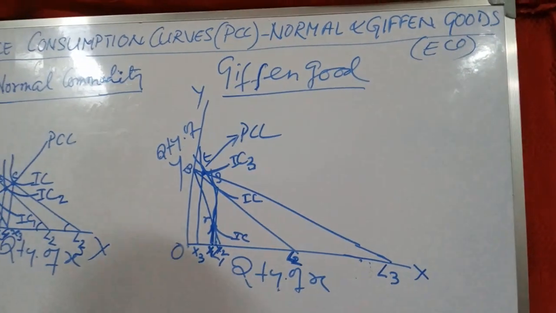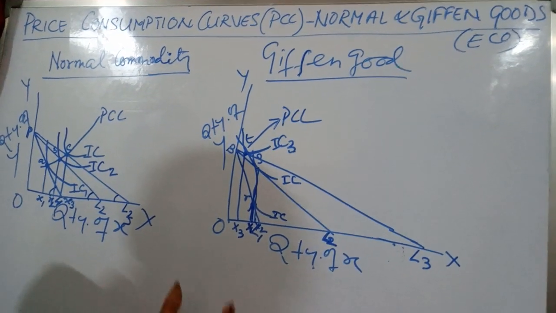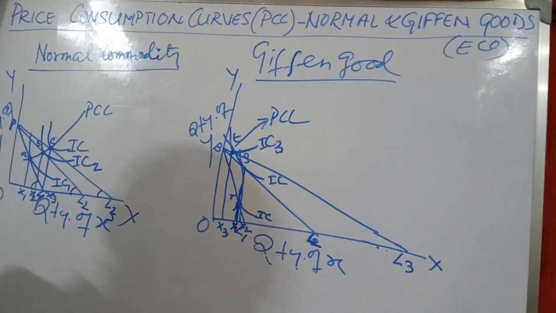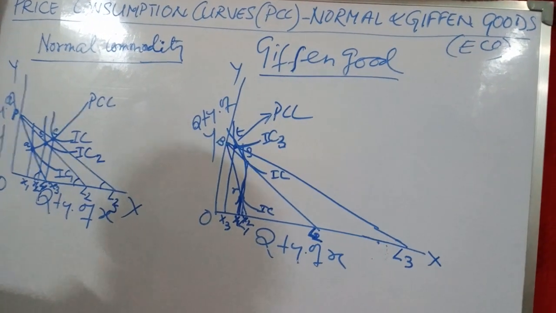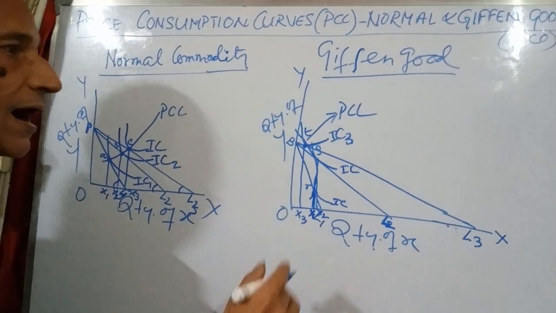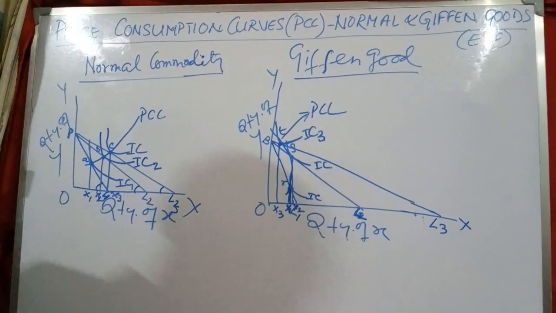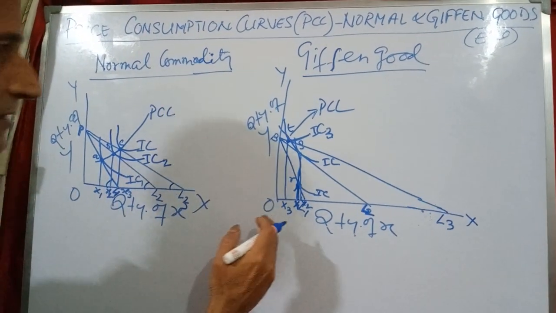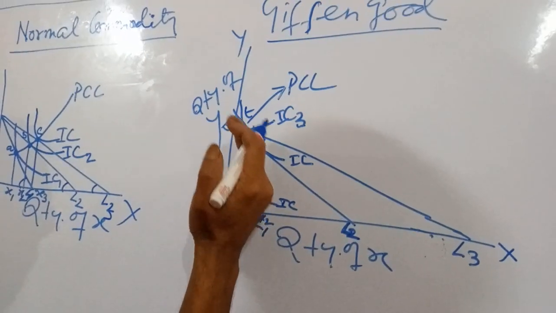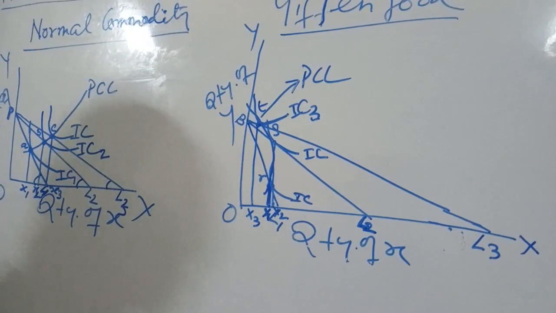You see, when X is a Giffen good and we are considering the effect of a change in the price of X, in this case a fall in the price of X, on the purchase of X, we see after a certain fall in the price of X, the consumer is decreasing his consumption of X. That is why the price consumption curve becomes a backward bending, leftward bending curve towards the y-axis.